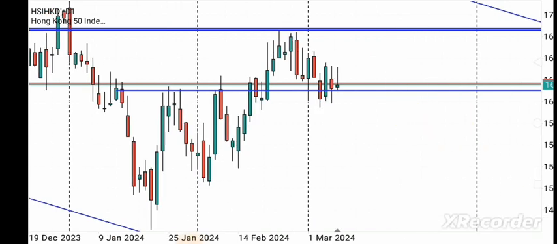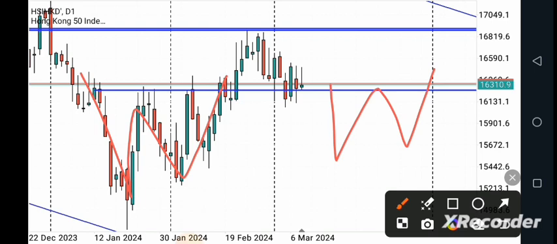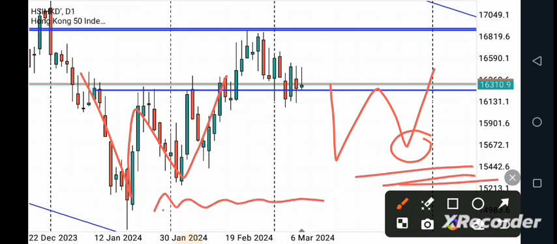And especially because remember, whenever it comes to these structures such as the overextended W structure, what happens quite a lot is that a lot of traders and investors buy on that second leg and they place their stop losses below. So we have a lot of stop losses located here.